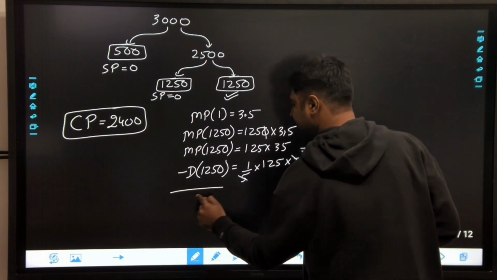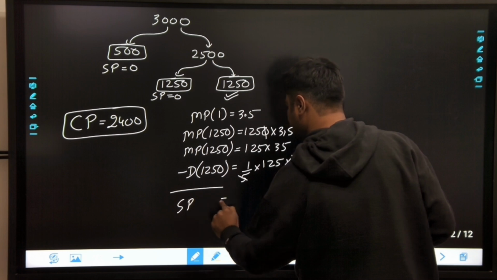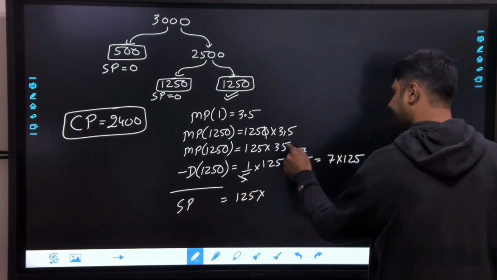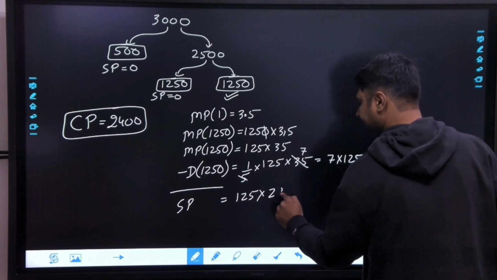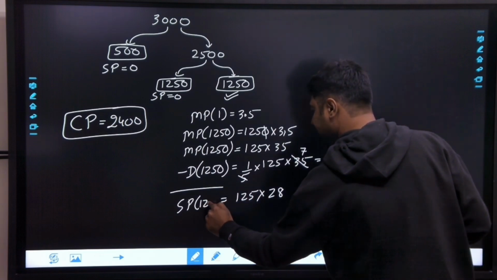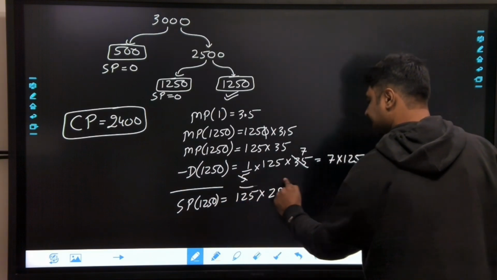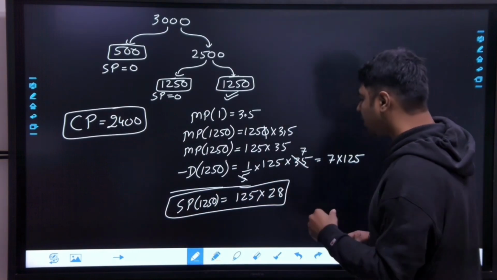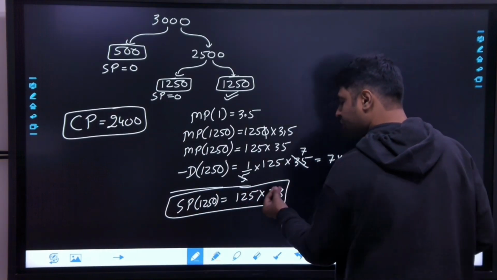So what is the selling price? It would be this minus this. If you take 125 common, you'll get 35 minus 7, that would be 28. The selling price of 1250, how much money came is what we are looking for right now. So the money that came was 125 into 28.